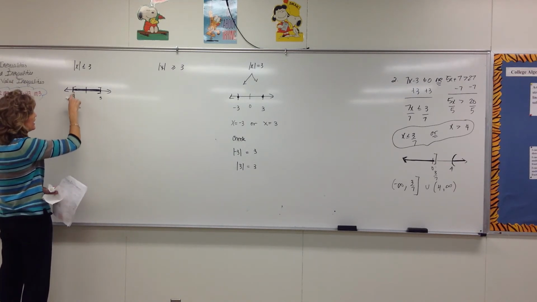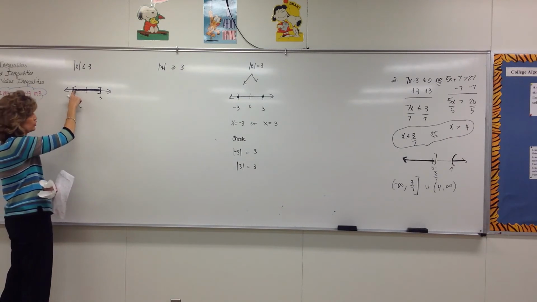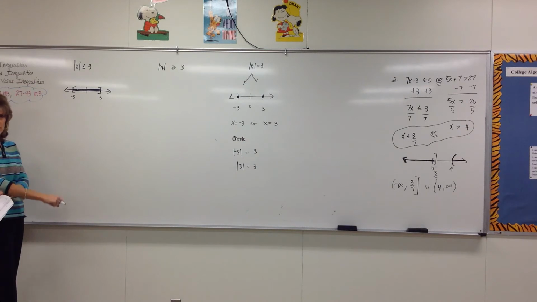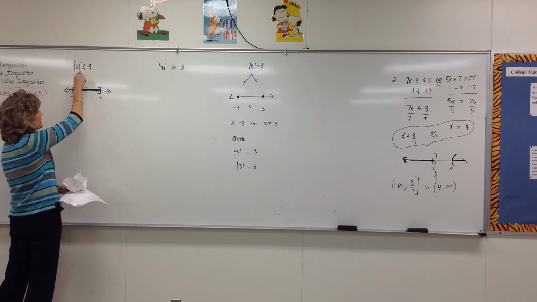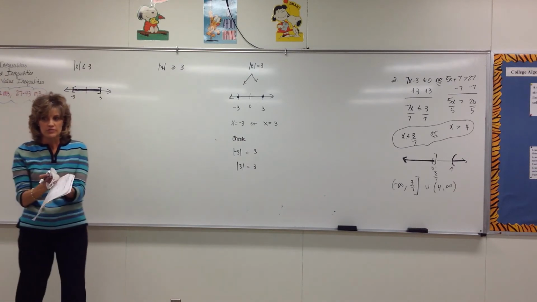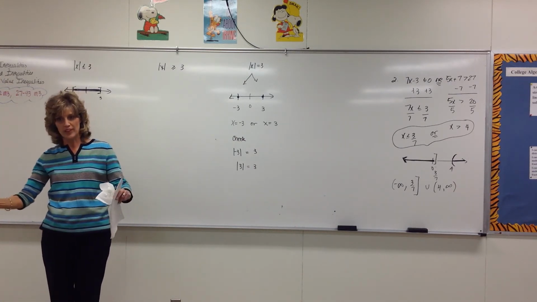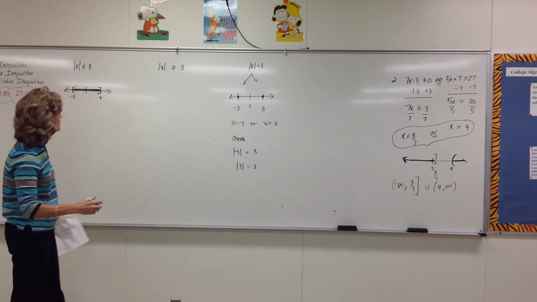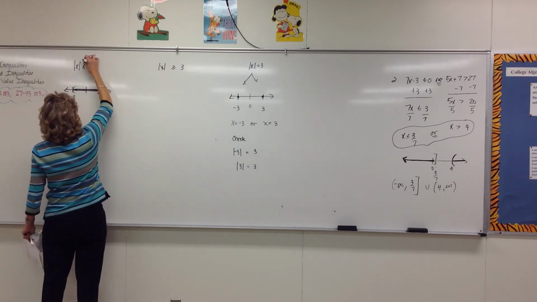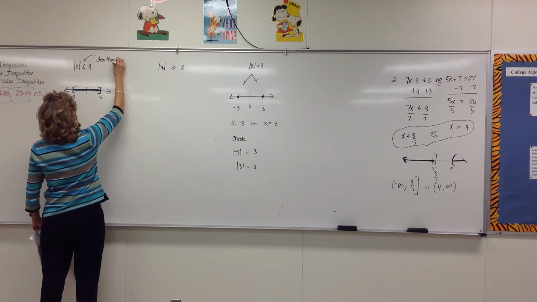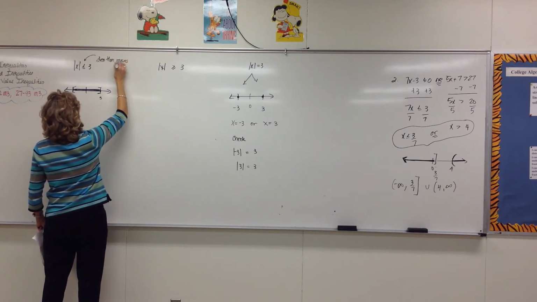If you're standing on -2.9, you're 2.9 steps away from 0 in the direction to the left. So if you want the distance to be less than 3 away from 0, you're staying pretty close to 0. You're staying within boundaries between -3 and +3. So anytime you see less than, think less than means between.